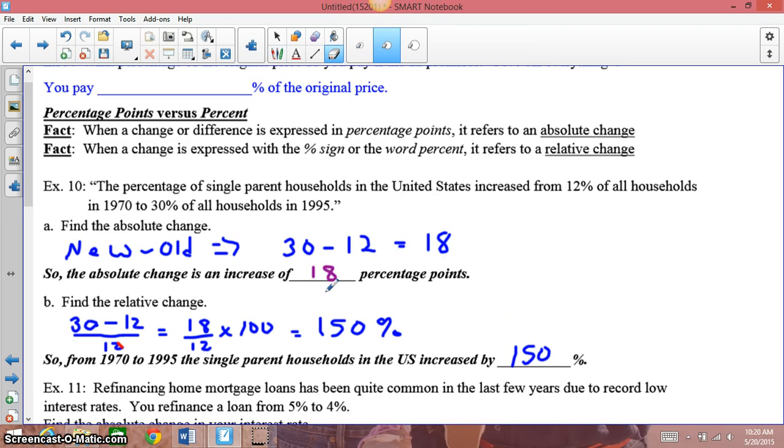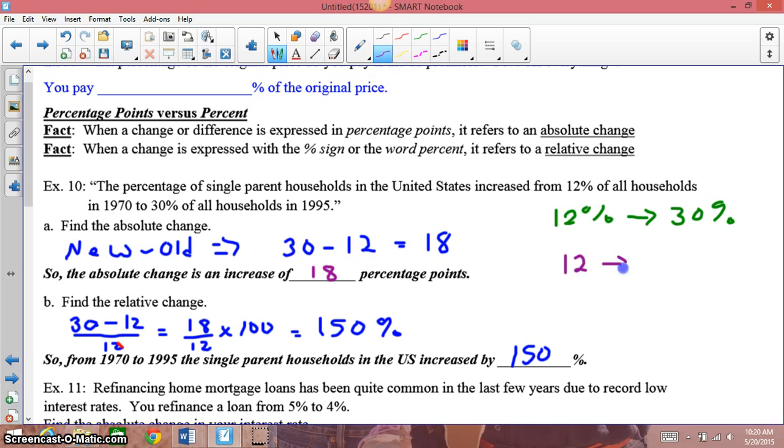And if you think about it, that 150% should make sense, because we started out going from 12% to 30%. So, referencing back what we talked about on the previous page, if we had doubled, we would have gone from 12 to 24%. And by doubling, then you're talking about a 100% relative change.